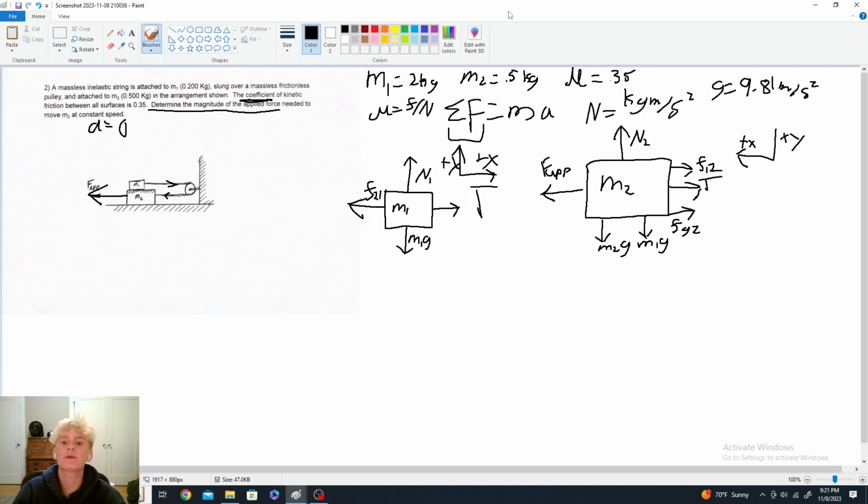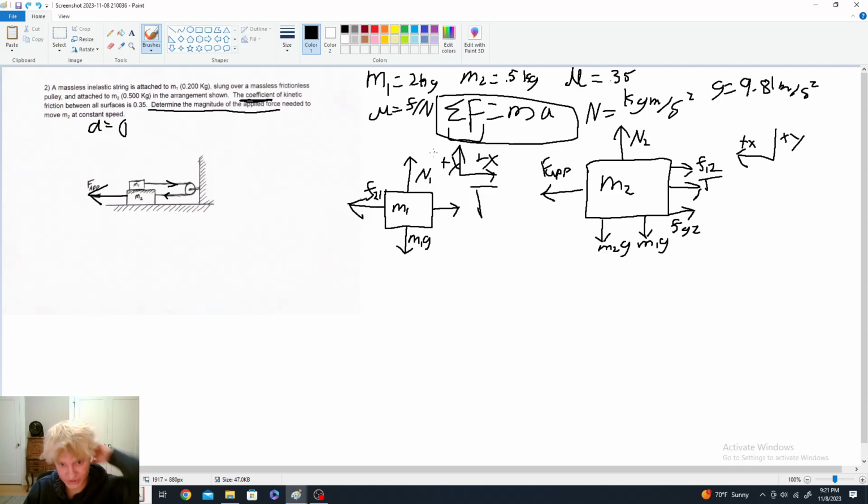Okay, now that we have these, let's put these into our Newton's second law equation. What we should do first is break these up into x and y. Luckily for us, all of the forces are already aligned with the axes, meaning there's no force going diagonal like this where we have to break it up into components. We just have straight forces aligned with the axes.